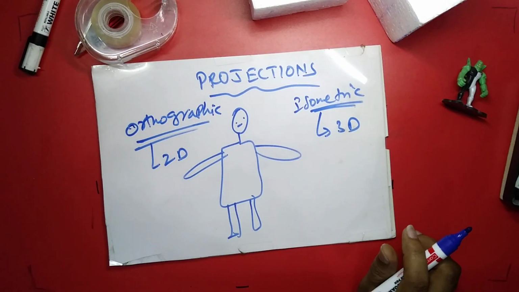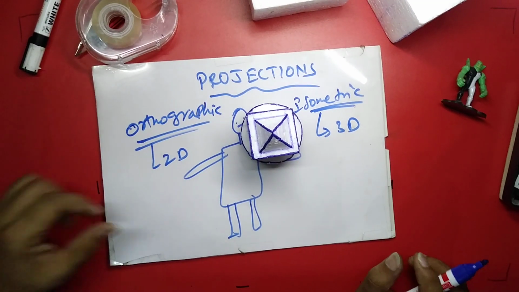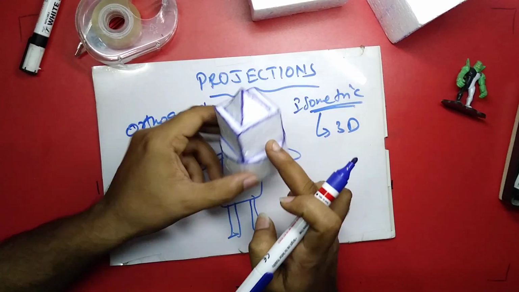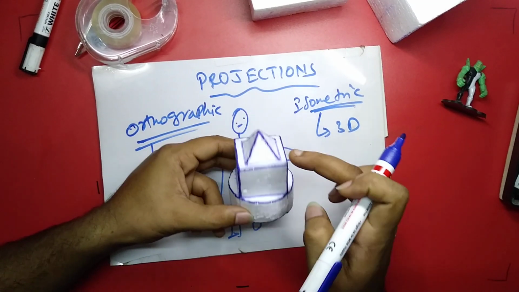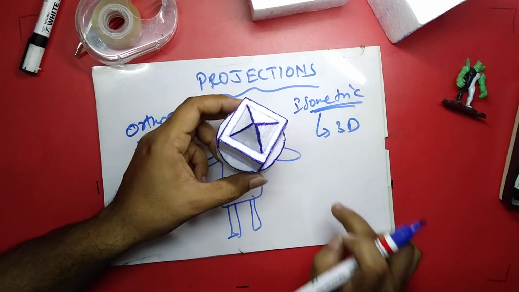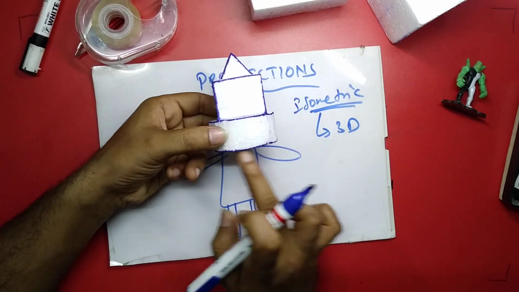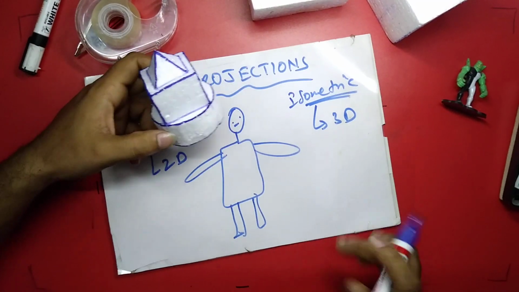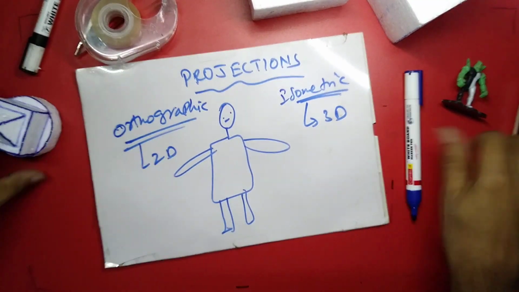Let us consider this object whose bottom is a cylinder, middle is a cube, top is a pyramid. So if I draw this in three dimensions, showing the length, height and width, see here I am drawing over here.